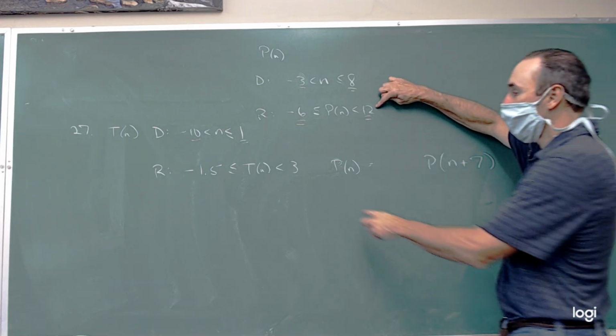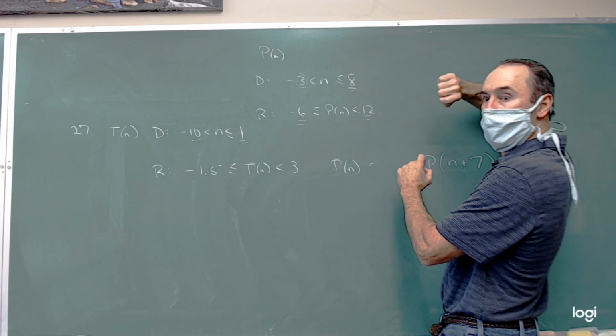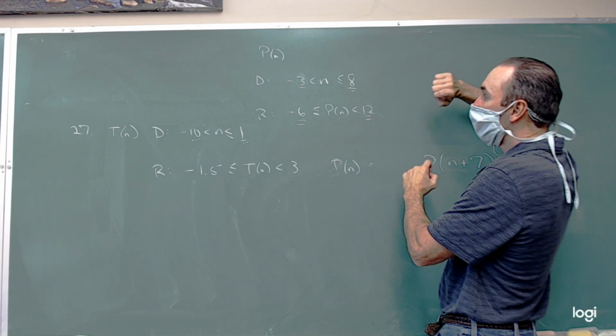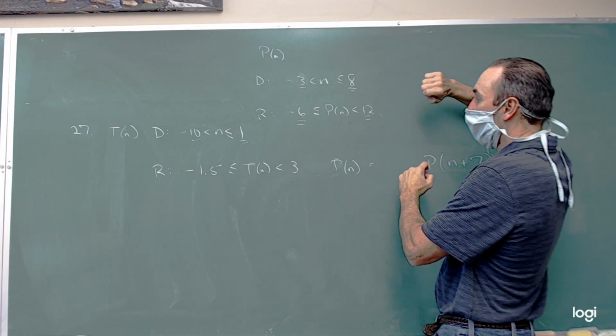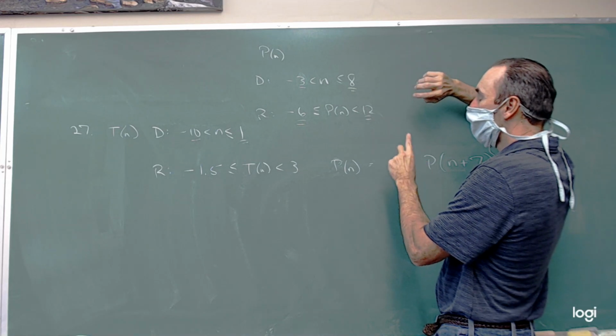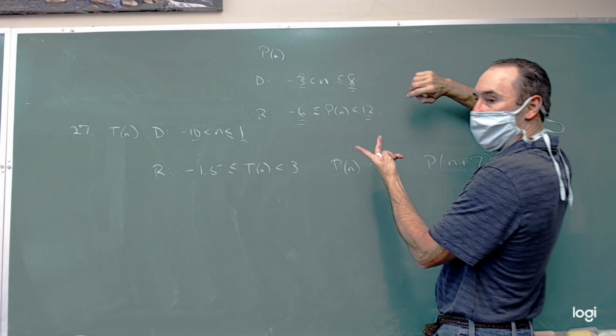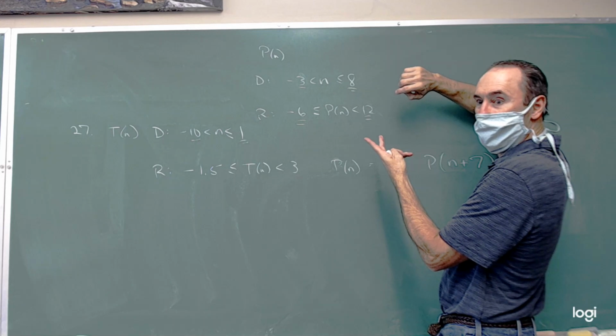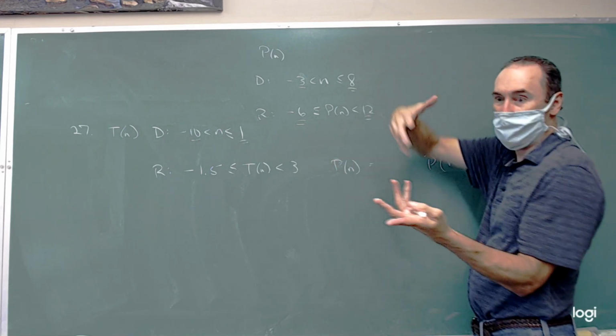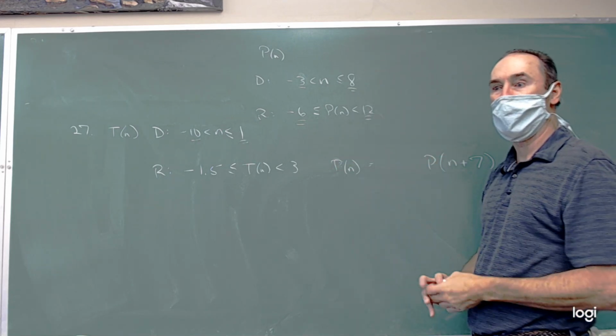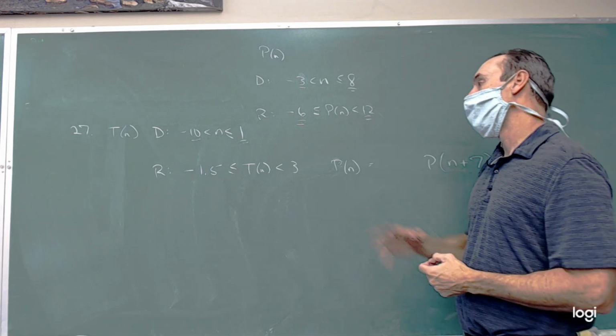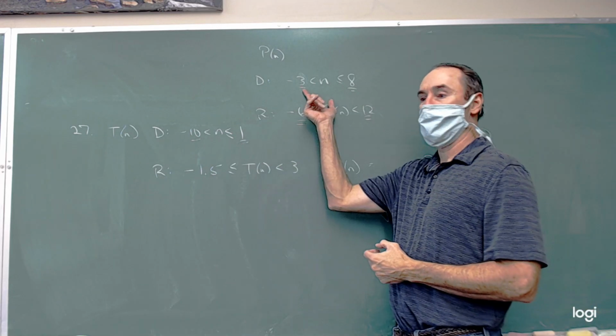Might be easier to see here. Wait, aren't you trying to go from the new to the old, not the old to the new? So it'd be multiplying by 4. It works, that's the way it works with the domain, but the range works the other way. I know it's weird. So you actually do them differently for domain than range. In the domain, you're going to go from here to get to here.